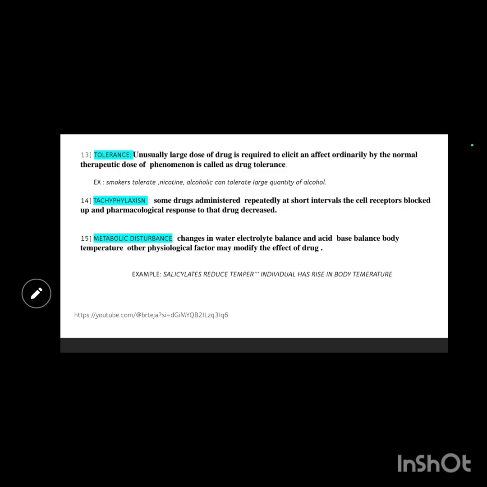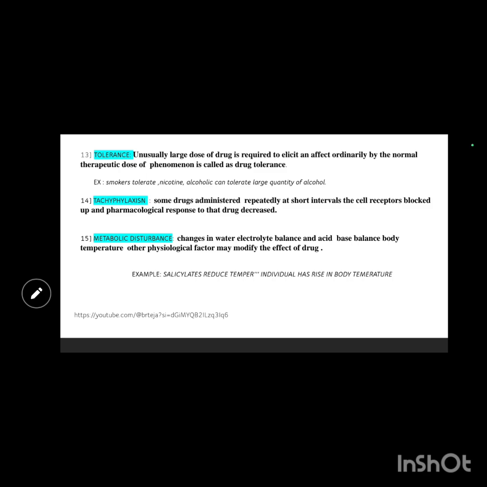Next one, tachyphylaxis. When some drugs are administered repeatedly at short intervals, the cell receptors are blocked up and the pharmacological response to that drug decreases. To understand easily, think of enzyme plus receptor, enzyme complex, receptor complex.